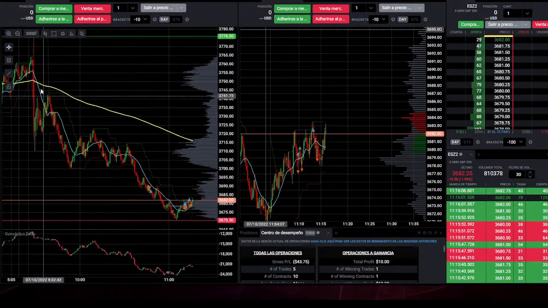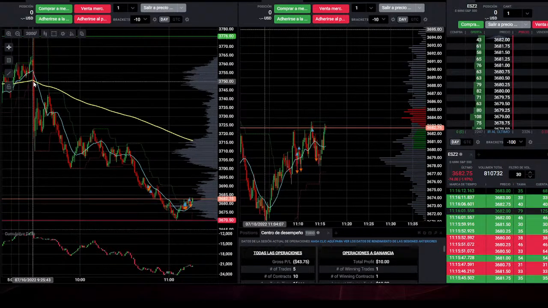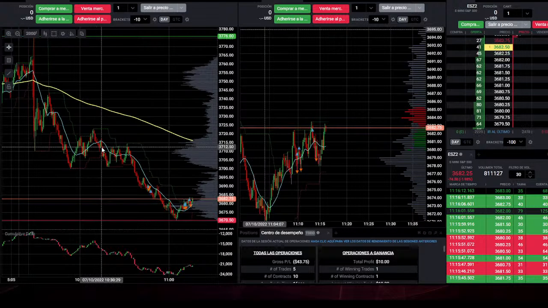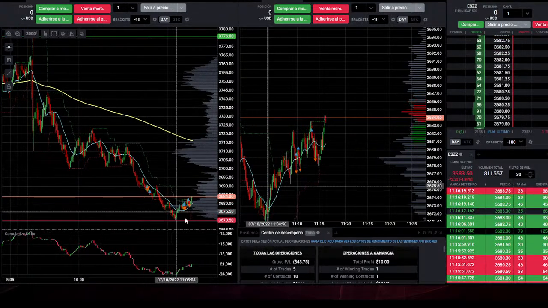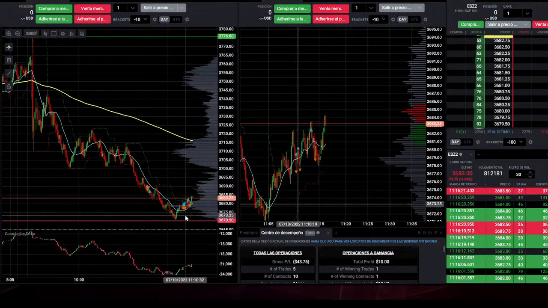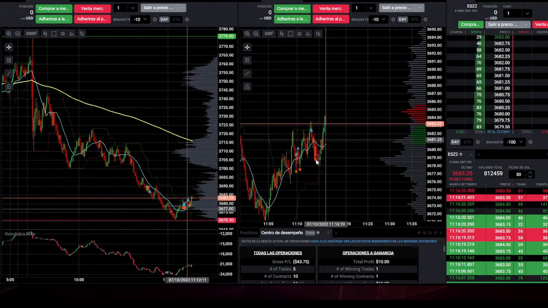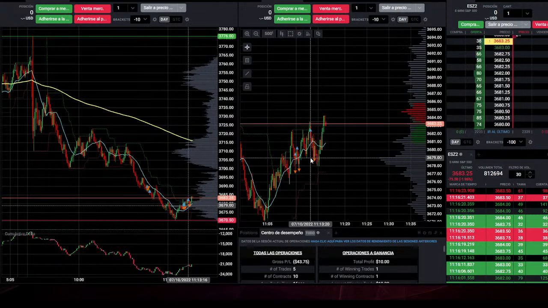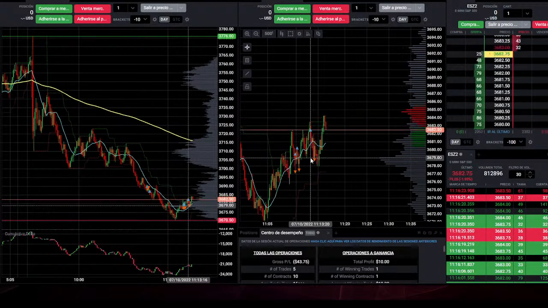So well, here you can see the pre-market, and then the market opens right about here and goes straight down. Okay, now it makes the scalp I was telling you.